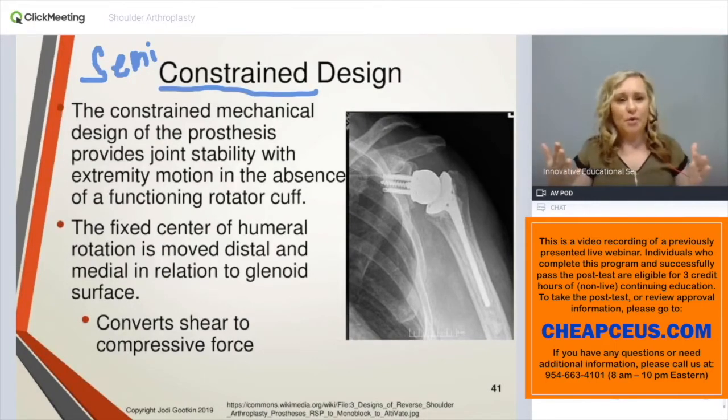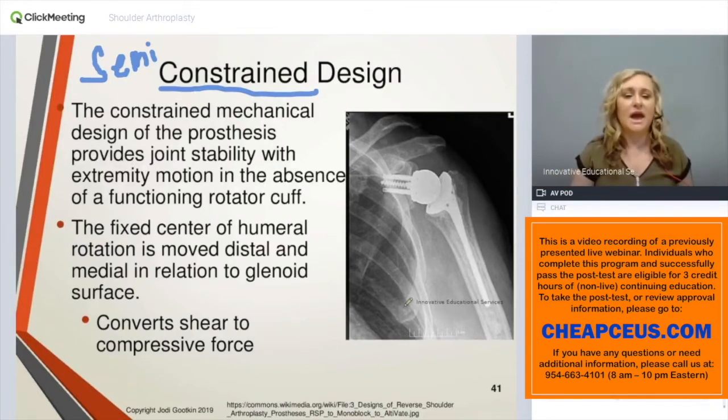So the design component of reversing the convexity and the concavity is to allow this joint to remain stable without a rotator cuff that's functioning to control its stability.